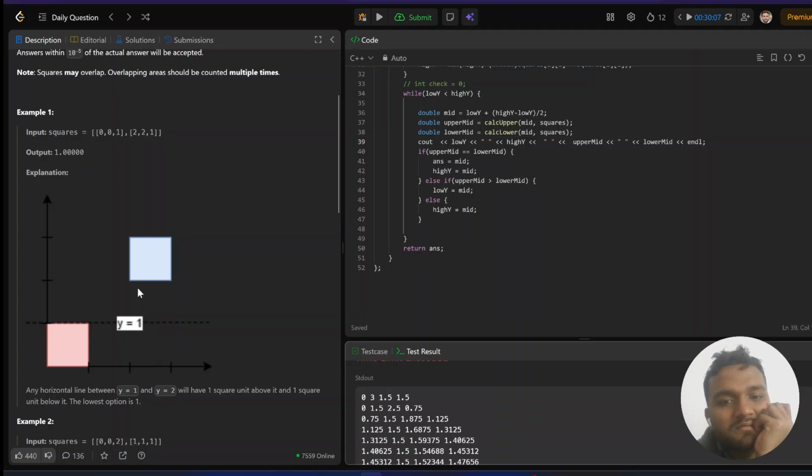Again, areas. This time area becomes 2.5 and 0.75. And this time it becomes 0.75 and 1.5. Areas are this.